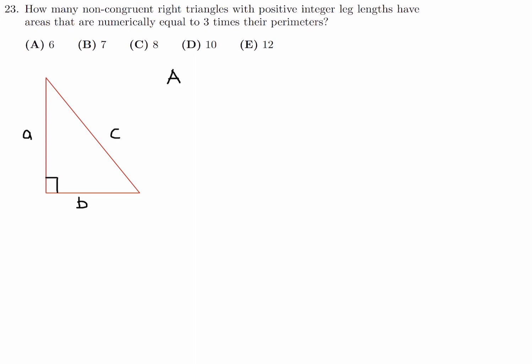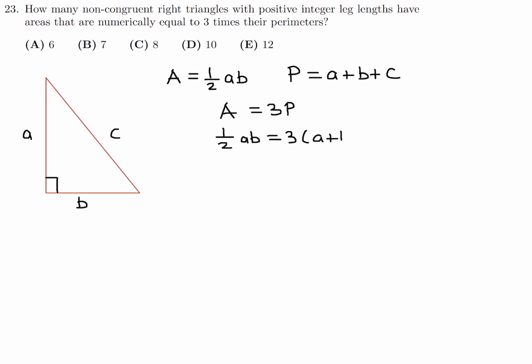And as always, we can figure out the area as 1/2 base times height, which in this case would be AB. And the perimeter is A plus B plus C. Now they tell us in the question that the area is equal to 3 times the perimeter. So that means 1/2 AB is equal to 3 times (A plus B plus C).